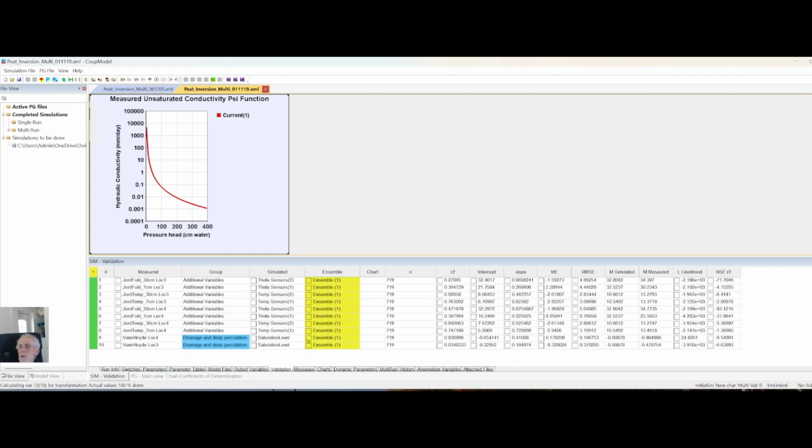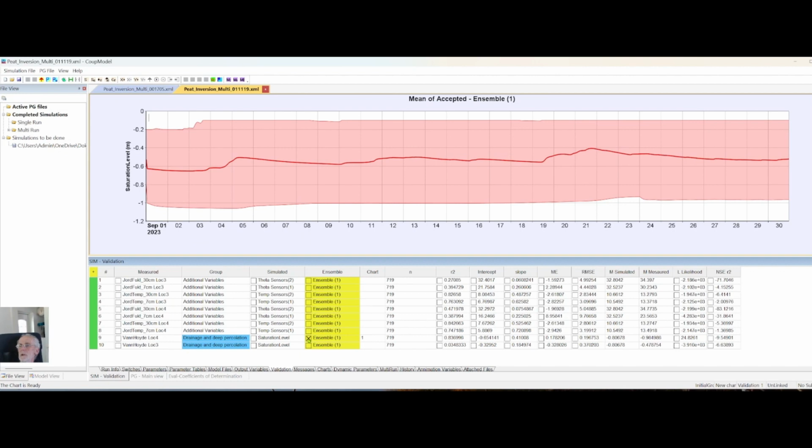Then we can look to this for the saturation level, and we see something like this. We see that now there is much more dynamics through the whole period. So we have something that is substantially better than before, at least in the potential.